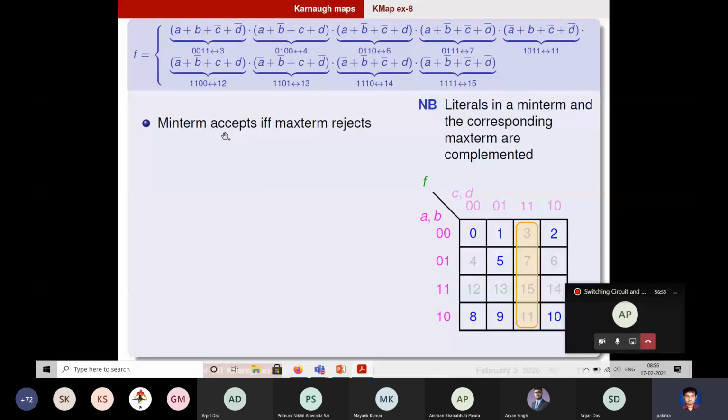So what it means, when you form a Carnot map in the min term form, in the sigma form, you picked up the true min terms and marked them from the truth table. Here you do the reverse. You pick up the false rows from the truth table, because min term accepts if max term rejects.